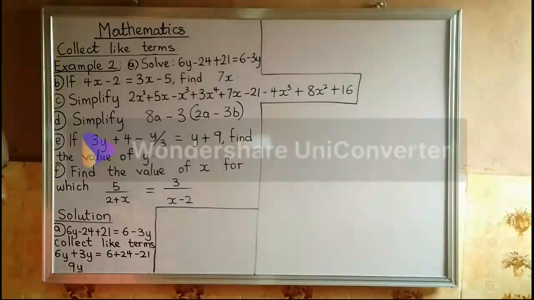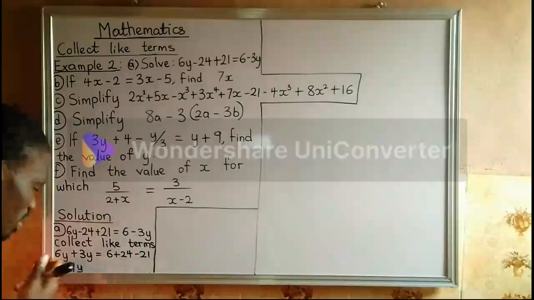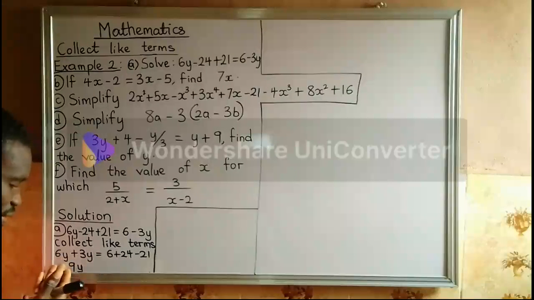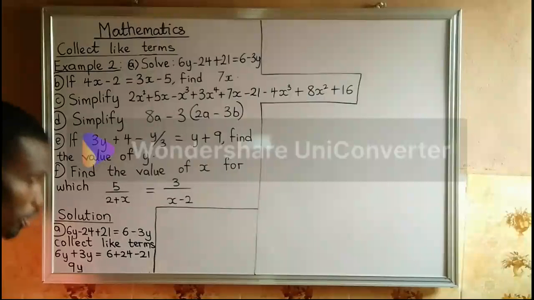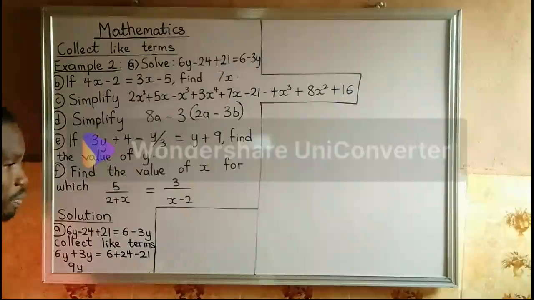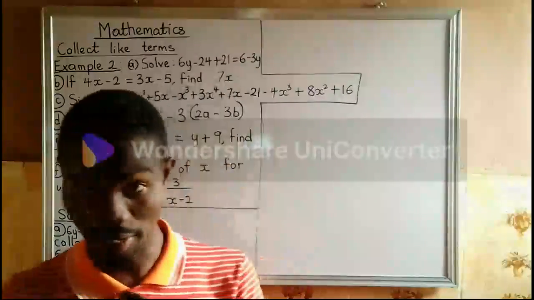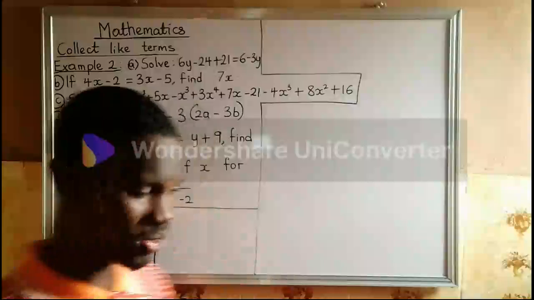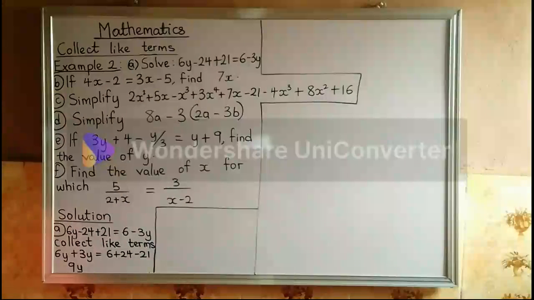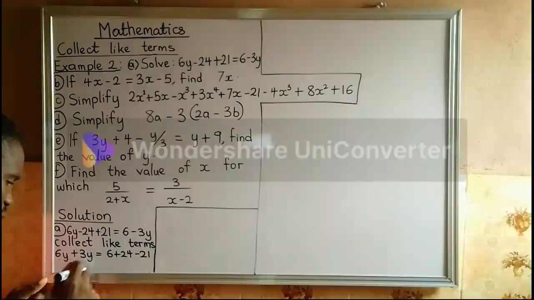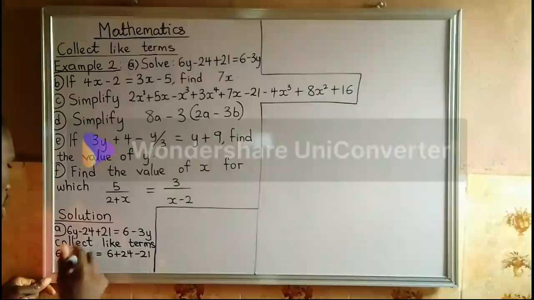It's just like units in science. So 6y plus 3y. They are both y. 6 naira plus 3 naira. They are both naira. So that will give you 9 naira. But imagine adding 6 oranges to 5 apples. What will that give you? Confused, right? So that's the essence of collecting the like terms. So you make sure that they are like terms and then you evaluate.